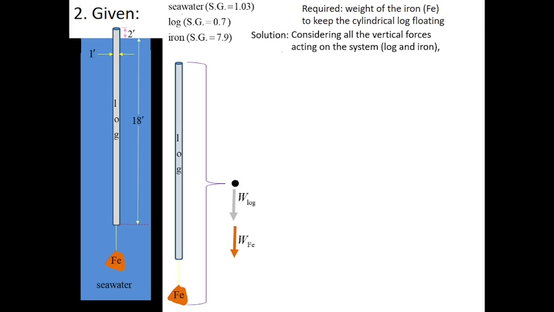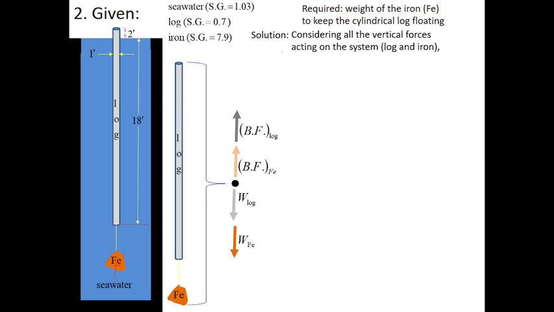Another thing to consider is the buoyant force with regard to iron. So, this is iron. There is an upward force because it is submerged in water. So, there is buoyant force. Okay? So, we consider it, upward now. And also, log.